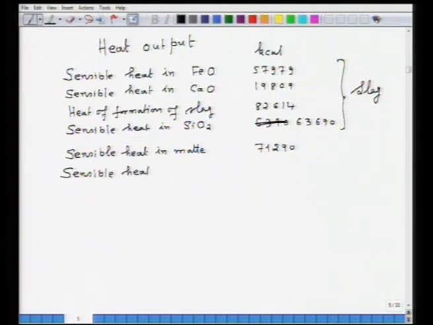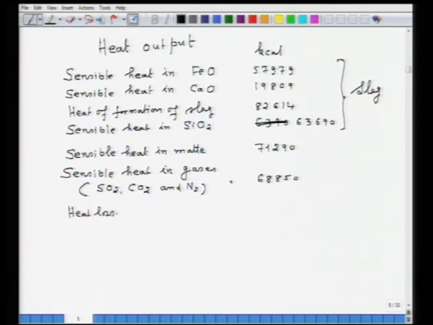Sensible heat in gases, and you know the gases comprise SO2, CO2 and nitrogen, is equal to 68850. Then heat loss, as said in the beginning.